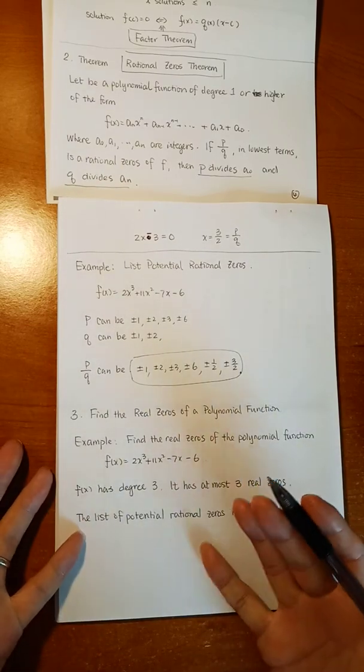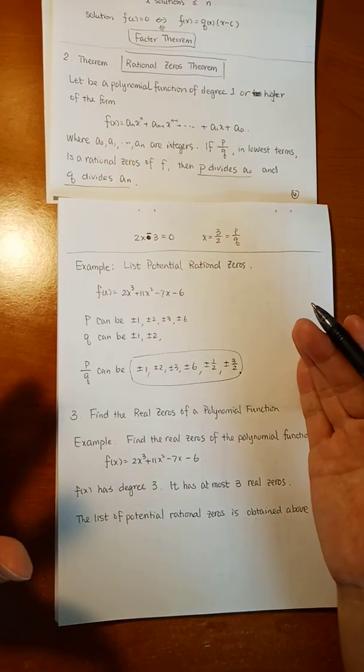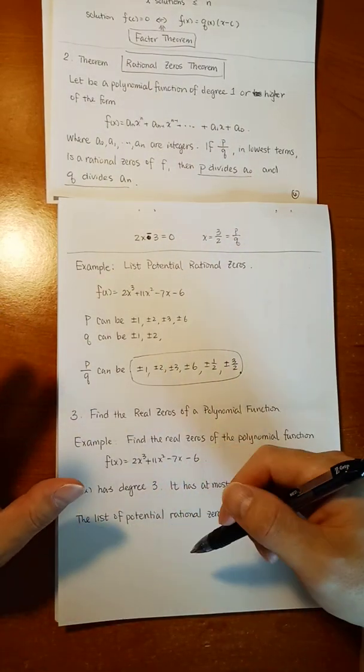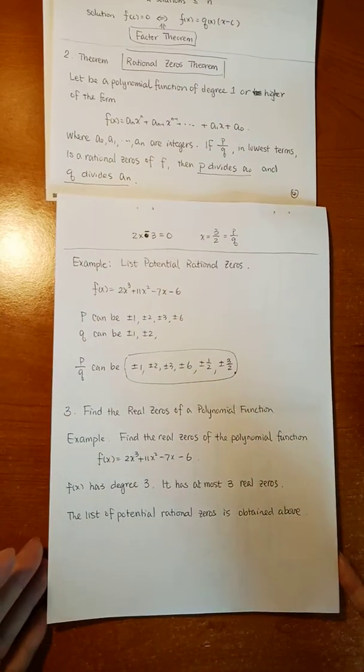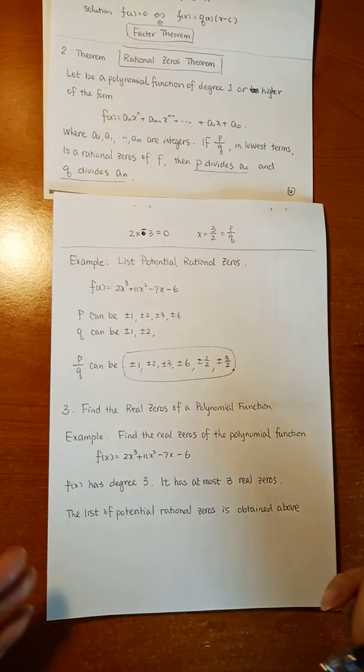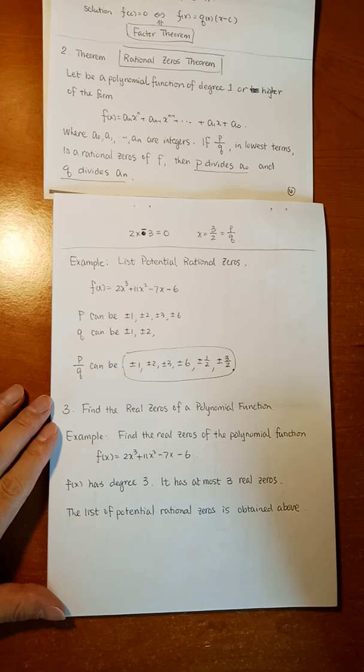Why do we start with the rational zeros? Because we have this rational zero theorem. If you had another powerful theorem, you would start with another direction. But here, since we only have the rational zero theorem, we just start from this.